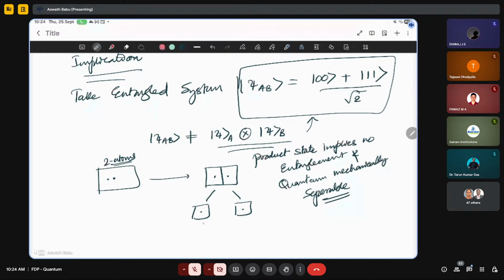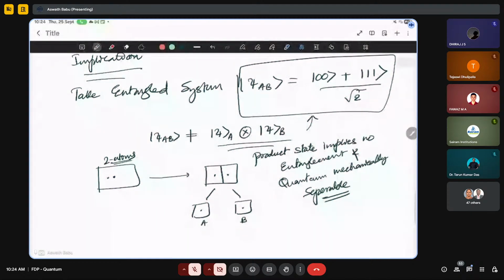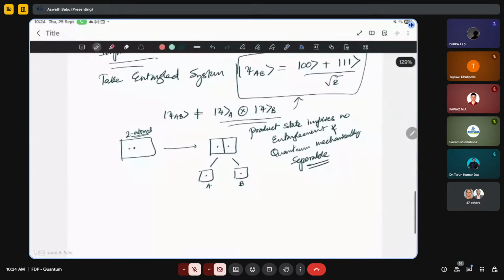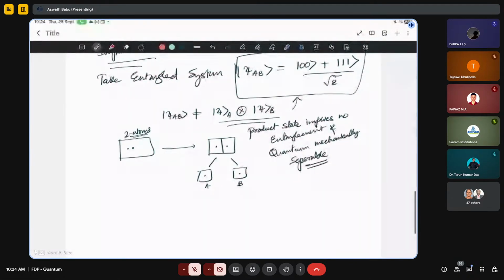Now, if you take atom A to your place, and send atom B to some other place, they are in the entangled state like what I showed you here. Now, if you make a measurement on system A only, what we just saw is that when you make a measurement, one of the states is going to come up, the other is going to be suppressed.